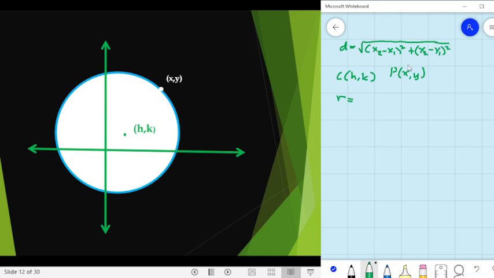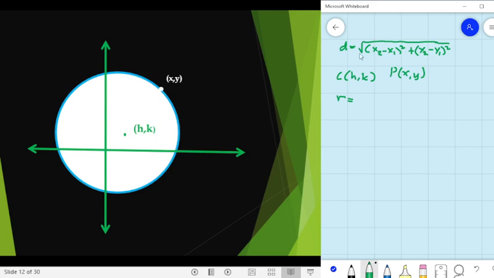Is that understood? Okay, I do hope it is understood. So this formula is used when we are going to find the distance from one point to another point on a Cartesian plane. Since to find the radius, it is the same process, we look for the distance from the center to any point on the circle.